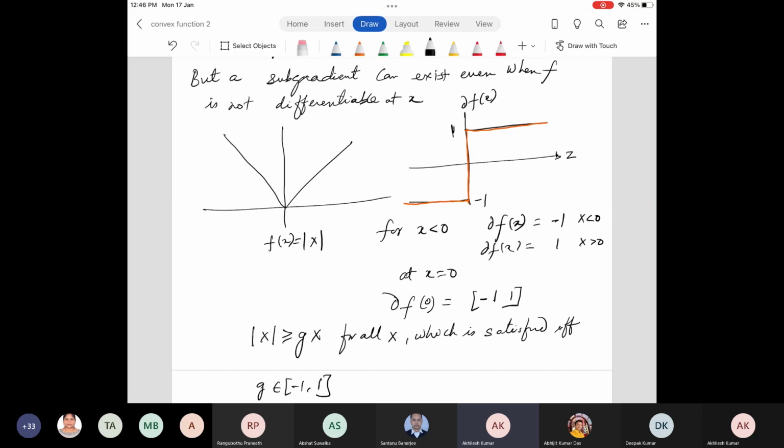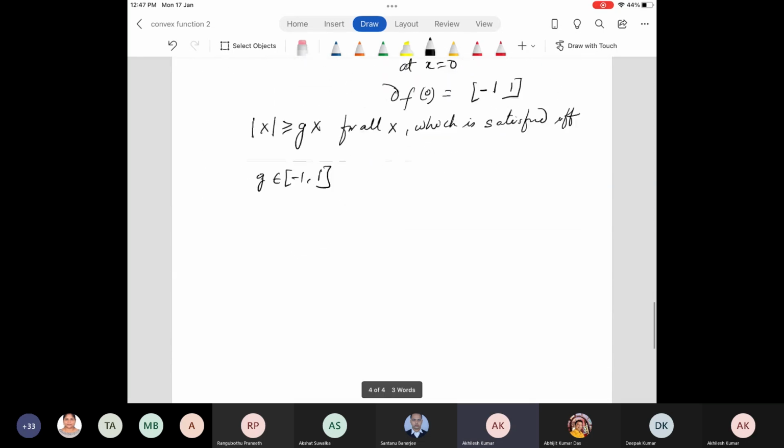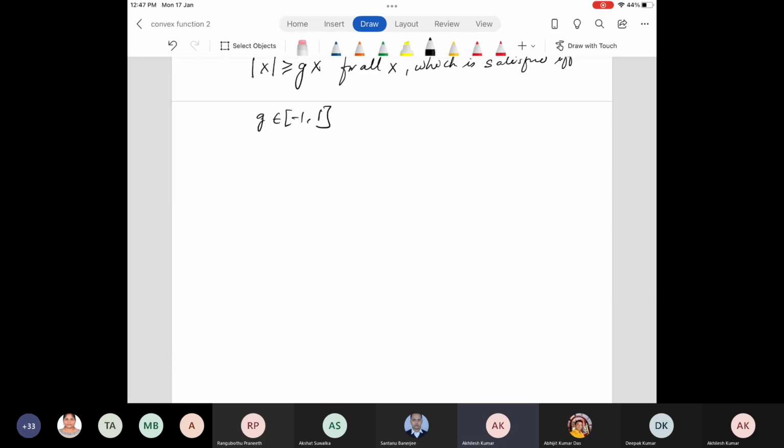So the point I'm trying to highlight here is, even if the function is not differentiable, a subgradient exists. And when we ask what the subgradient at that point is, it is the family of subgradients, and in this case it can be represented by this kind of inequality. So that is the idea of subgradient in the case of a convex function.